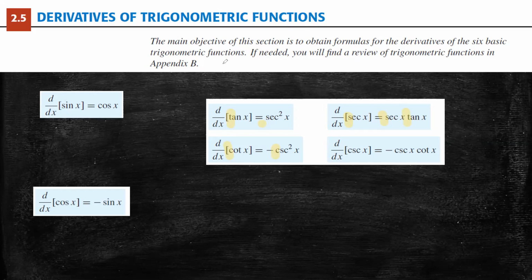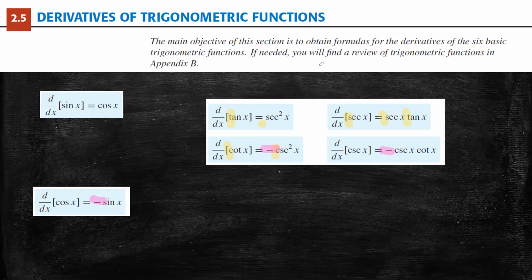And the derivative of each of them is negative. So if you see the letter C, like cosecant, cotan, or cosine, the derivative must be minus. But sine, tan, secant is positive. This is the first thing.